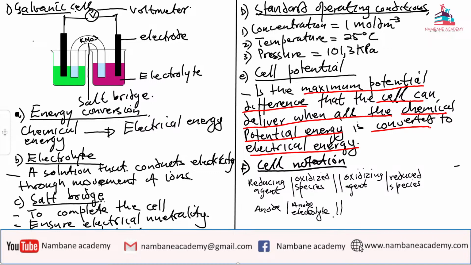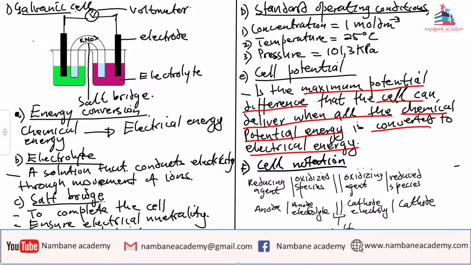Salt bridge, let me maybe write it down. This is now our salt bridge, and we have now our cathode electrolyte, and we have now our cathode, which will be just positive.